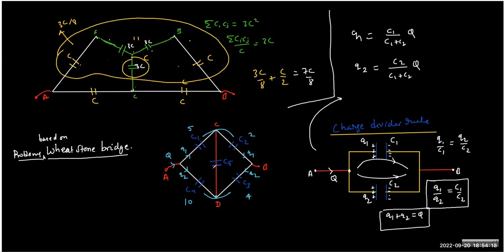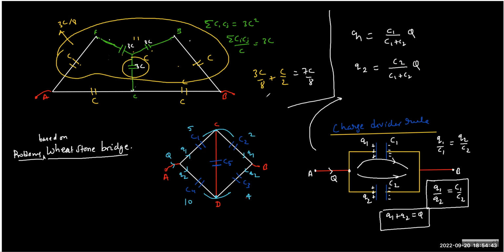Is this clear what I'm saying? The rule is they should maintain the ratio. So value becomes immaterial. What really matters is the ratio. So 1 by 2, C1 by C4, if matching C2 by C3, we can always expect the middle will get nothing. Okay.